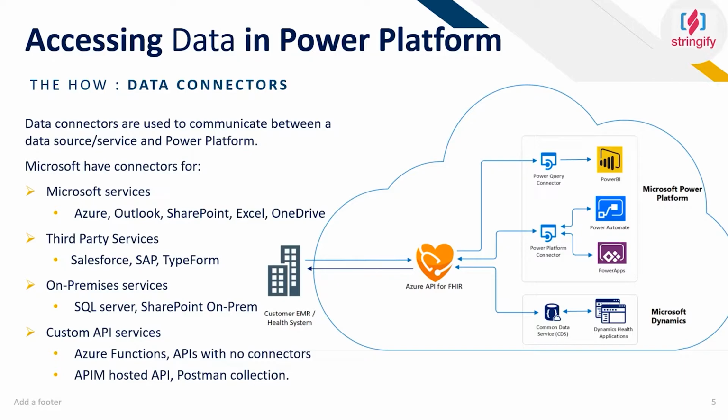Then it means that at every point in time you are going to be talking with data sources, whether it is Microsoft services or third-party services. We also have what we call on-premise services. So there are systems or solutions that are situated on-premise. When I say on-premise, they are local or deployed on your machine.